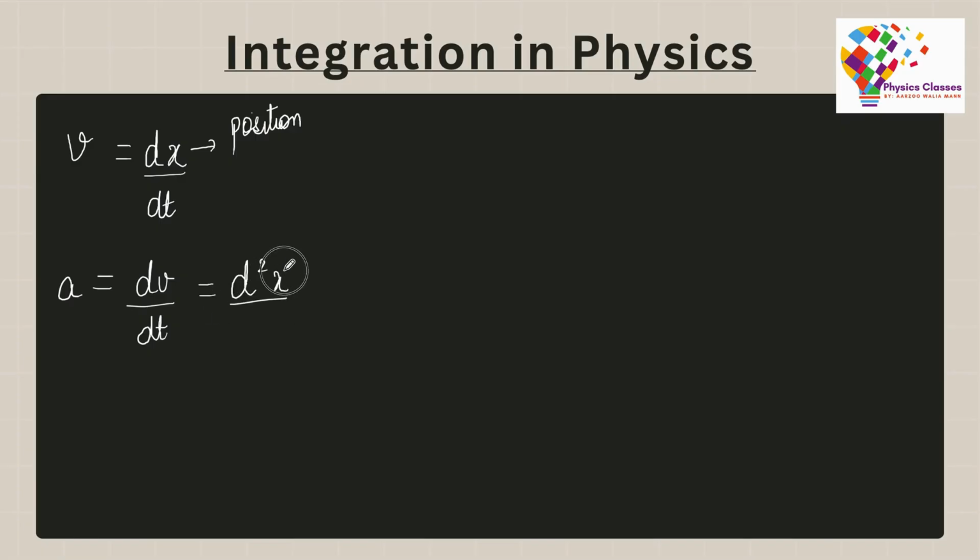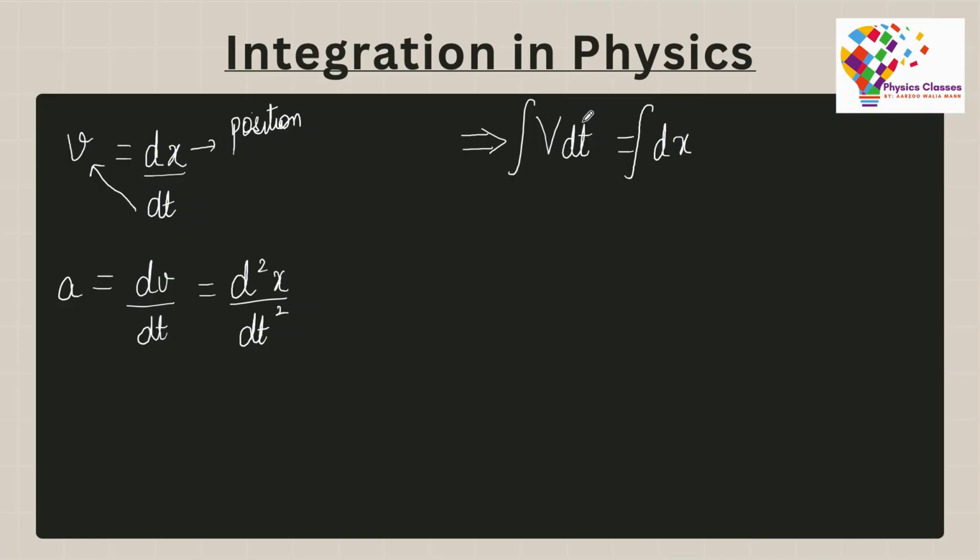Now, let us say I have the velocity function already and I want to find the position function. So I take dt to the other side and I have v dt equal to dx. If I integrate velocity with respect to time between any interval, then I will get the position function.